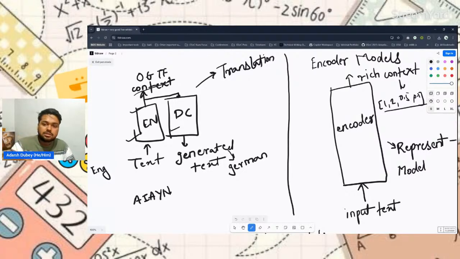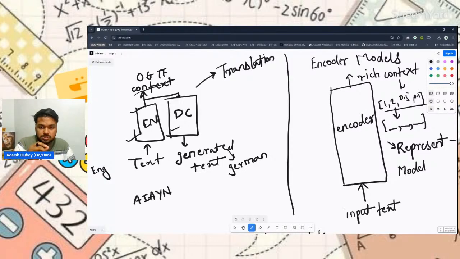And then there are RNNs, and then there are these encoder only models. So what these encoder only models will do is that they will create a context of three numbers, which will be the probability of the sentence being happy, neutral, or sad, being good, bad, or neutral, whatever you can call it. And it creates such a context, so it does not generate any text, but it returns some numbers.